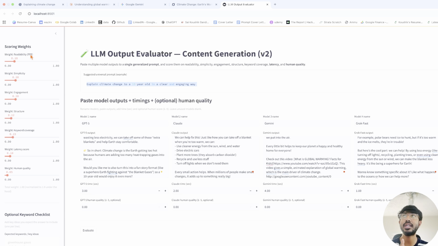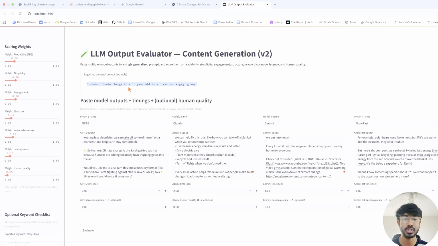The metrics I'm focused on are created based on this prompt. First, what is the readability for a 10-year-old? To understand it, he should be able to read it, right? Let's say the output generated is one large paragraph. A 10-year-old of course skips it. So one metric is readability and how simple it is.